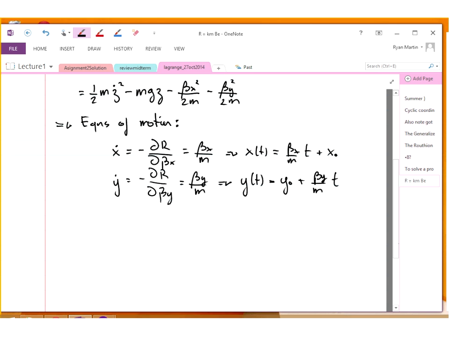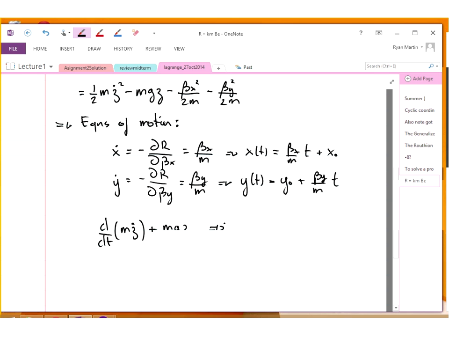And then for z, we have to use the Euler-Lagrange equation. So if I do the Euler-Lagrange equation, I have d by dt of dL by d z dot, which is m z dot, minus dL by dz, so that's plus mg.